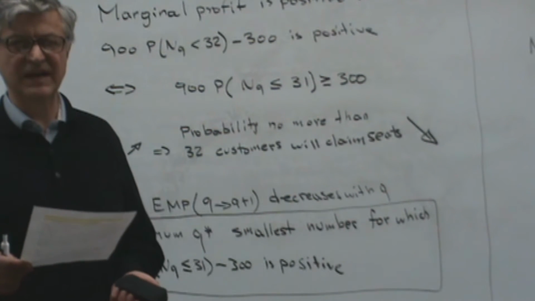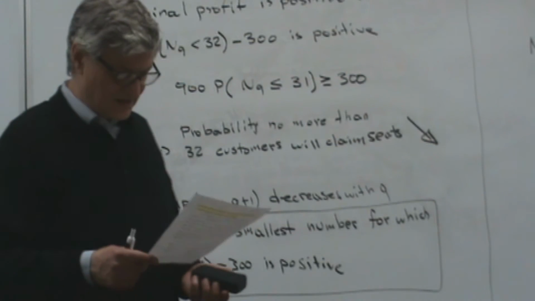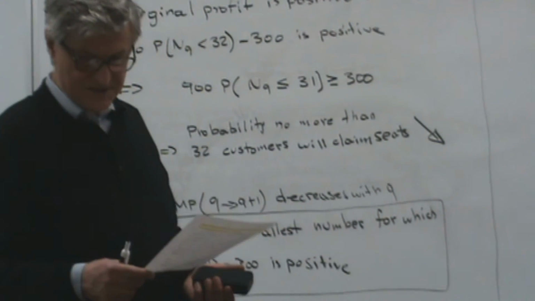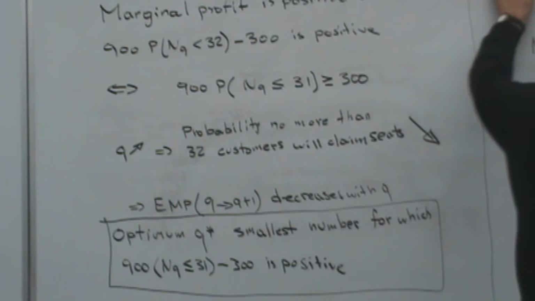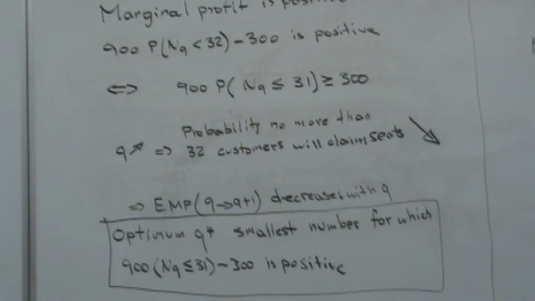So let's show a flow chart together with the commands that we use. If we use Microsoft Excel, let's make a flow chart to determine the optimum number of reservations that should be accepted.